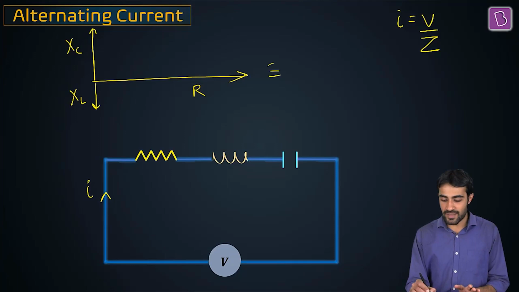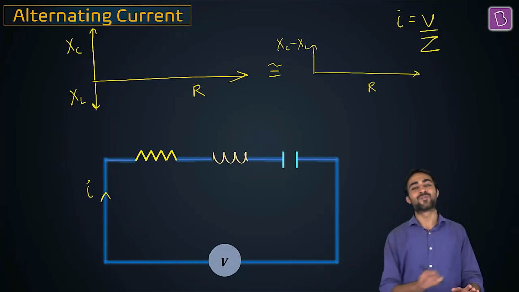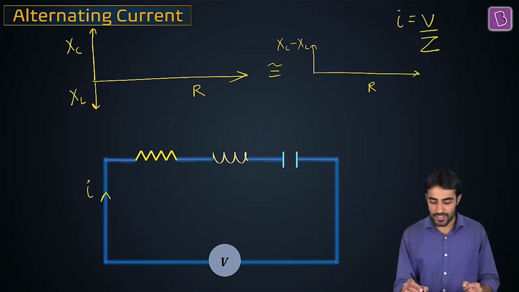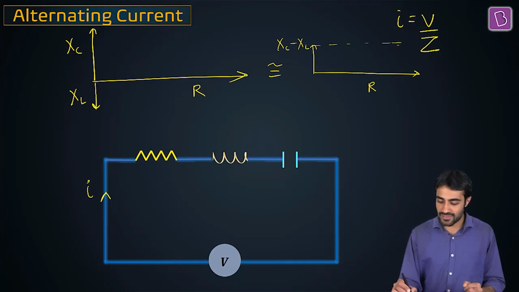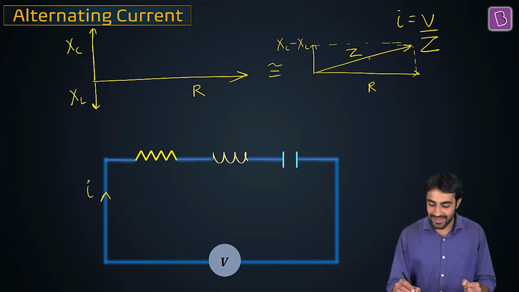So this will give the result as Xc minus XL over here and then R over here. Now if you want to find Z, you have to take the resultant. So here we can see the resultant is Z. And now let's talk about the angle.